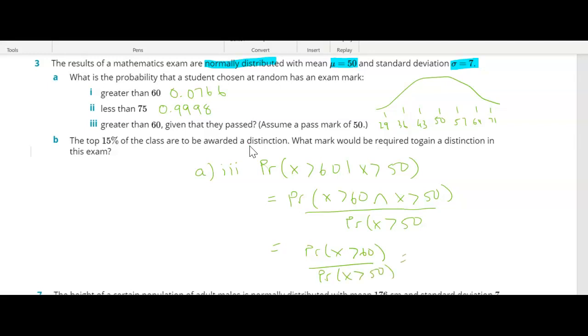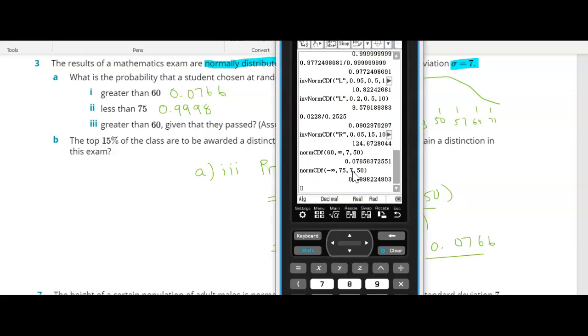All right, did we do either of them before? We did do greater than 60. 0.0766, and remember we rounded that value, so we're not going to use the rounded values. Let's just do that on the calculator. What you can do also, I just realized this, you can also just highlight this, go down and just change that 60 to 50.